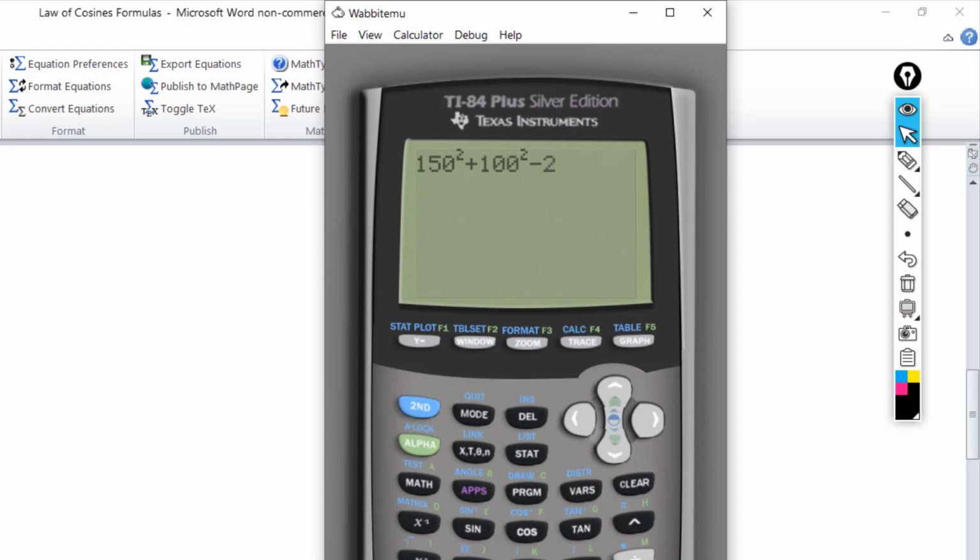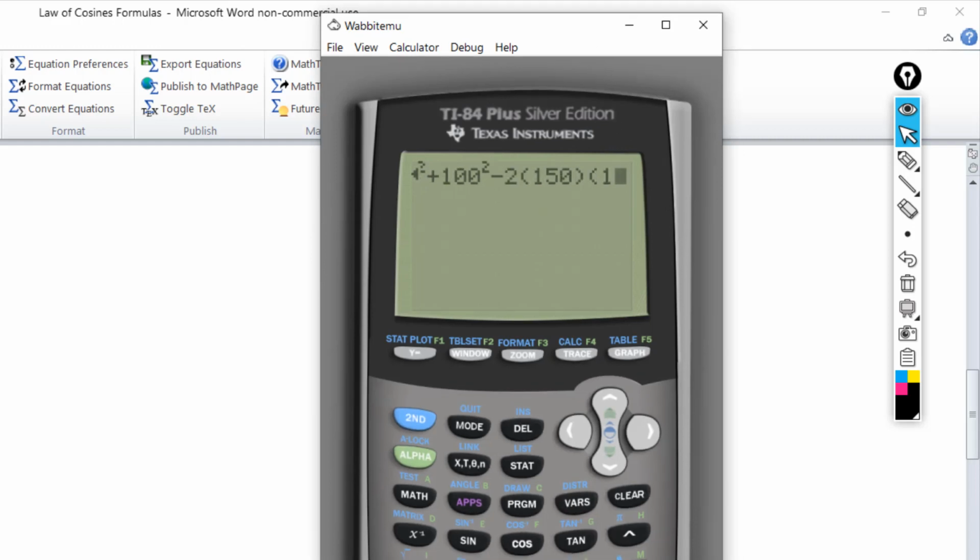Let's put in parentheses 150 close parentheses, then 100, and this times the cosine of the included angle of those two sides, which is 130. And then we hit enter.